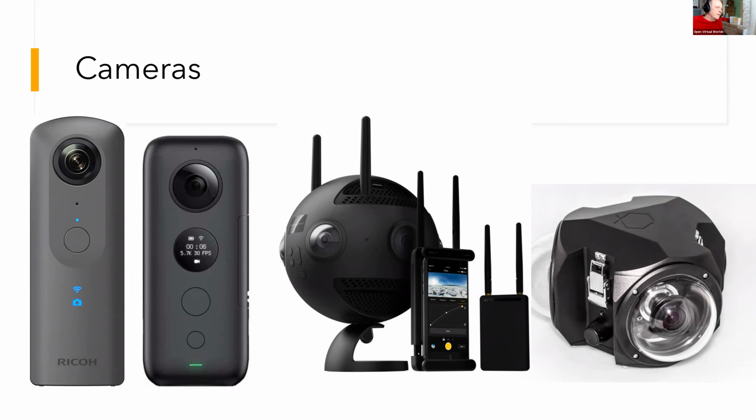Costs: about £400 for the Ricoh, £400 for the 360 X2, £5,000 for the 360 Pro 2, and I think it was £11,000 for the underwater camera, and all of those are capable of doing nice photographs. 5-6K for the Ricoh and the 360 X, 8K for the Pro 2, and 8K video for the Pro 2.